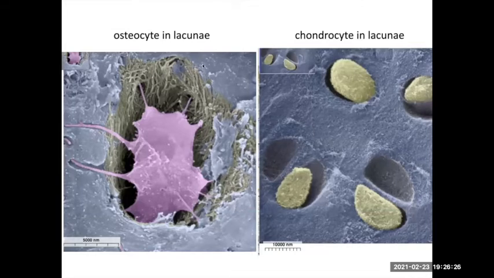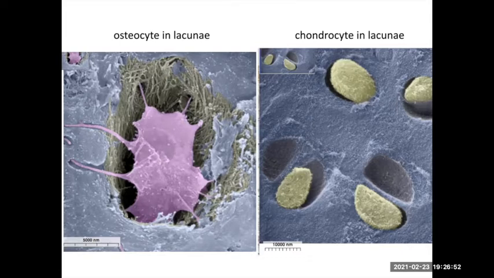So you had fibroblasts in the connective tissue proper. The fibroblasts there were making the matrix. Within bone and cartilage, you have a couple more types, but your main mature cell in bone is called the osteocyte.